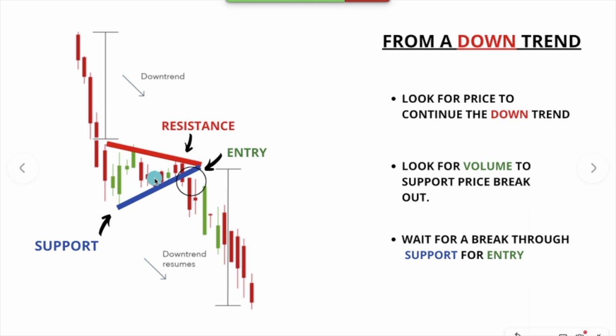Like I said, with a symmetrical triangle the breakout usually can happen on either side, but once you add a trend to the symmetrical triangle, it has a definite direction, as you could see with the downtrend, where price came down, started consolidating within a symmetrical triangle, only to break down to the downside, to continue down, right?